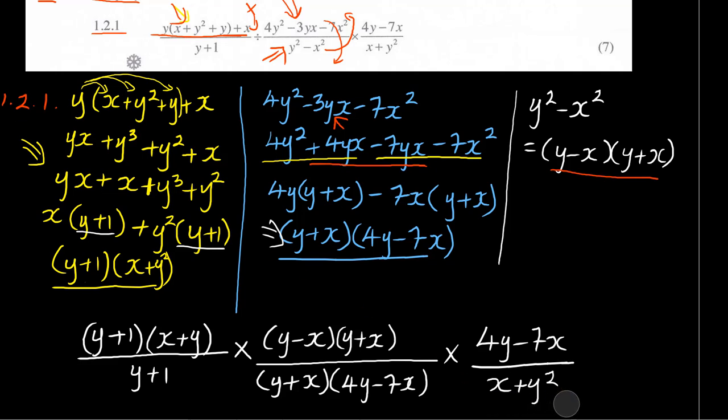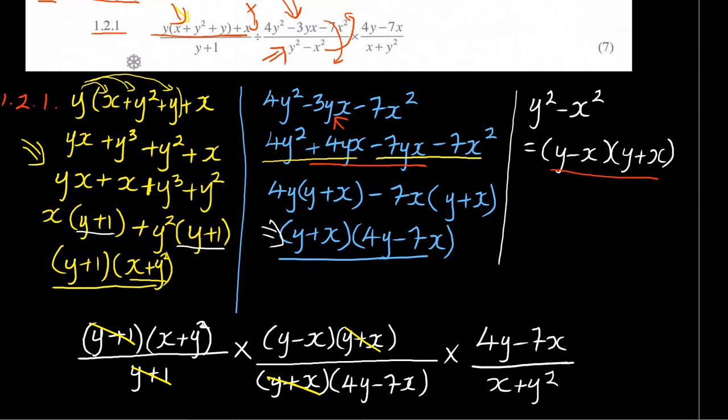Now we are able to cancel out what needs to be cancelled out. With the first one, we've got y plus 1, it can go, and then we've got y plus x with the y plus x, and then we have the y minus x. We corrected this part here, which means we also need to correct it up here. It was x plus y squared.